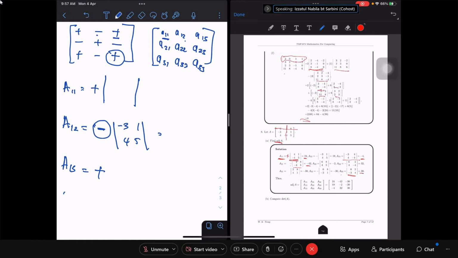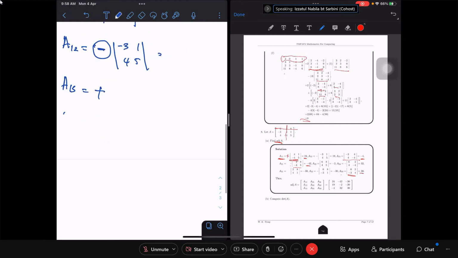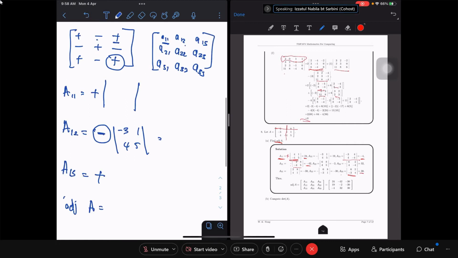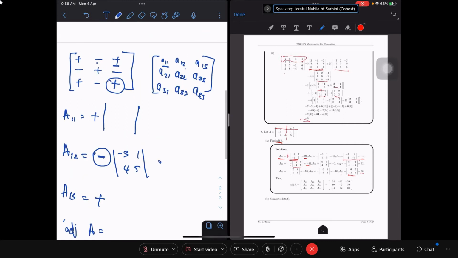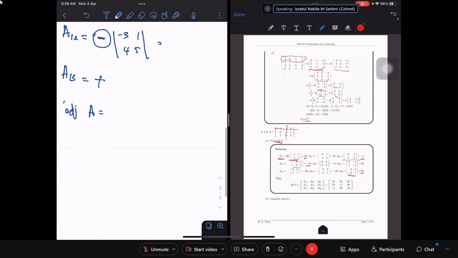But for adjoint, it is actually a transpose of the matrix. So adjoint is the transpose. This is the original position, 11, 12, 13. When you already calculate all the minors and want to put all the values into the matrix, you have to transpose.